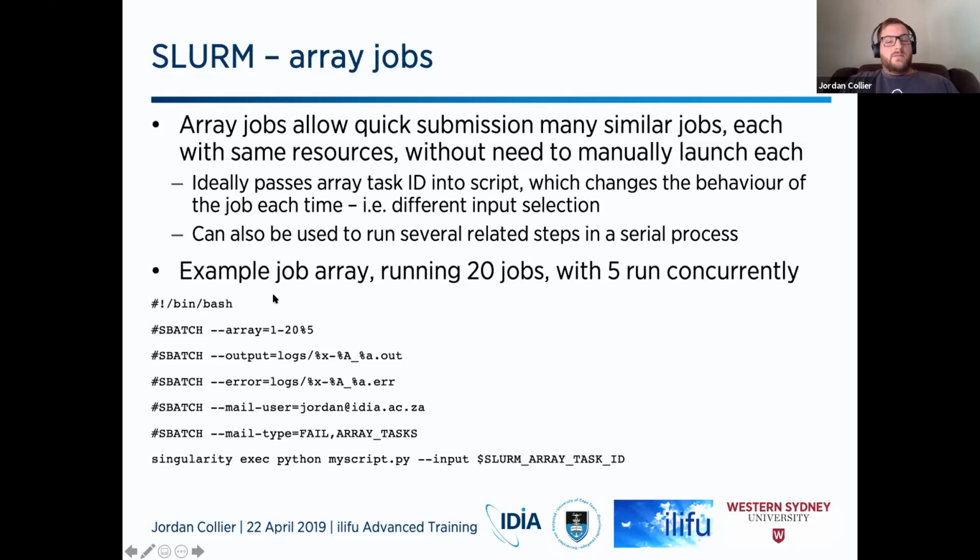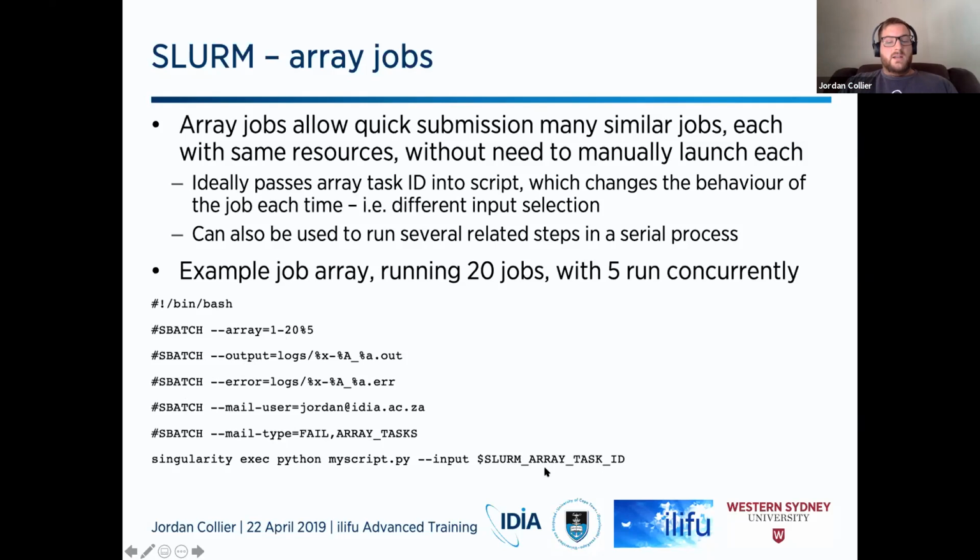So for example, I have this syntax in an SBatch file. What I'm doing is running 20 jobs with 5 of them being run concurrently or simultaneously. So I use this syntax, array equals 1-20%5. You can use 0 to 19 if you wish, but in this case, I've chosen 1 to 20.